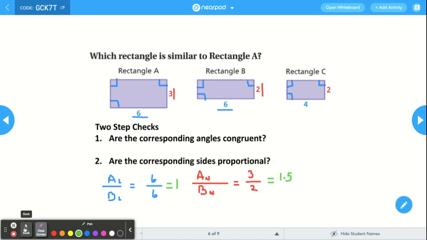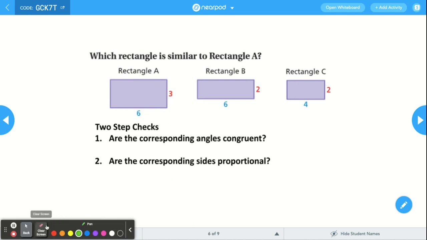All right, so let's go back and instead compare rectangle A and rectangle C. So let's look at the length of A and the length of C. A length is equal to 6, and the C length is equal to 4.